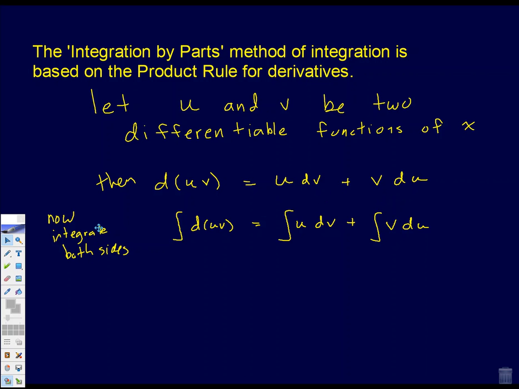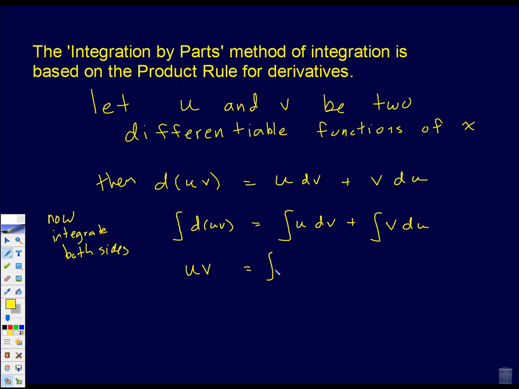But now we're going to take the integral or antiderivative of both sides of this equation. And so I'm going to put now an integration symbol in front of every term of our previous equation. But the only integral that can be simplified is the first one, because it is strictly a derivative followed by an antiderivative. And so the left side reverts back to the product uv.